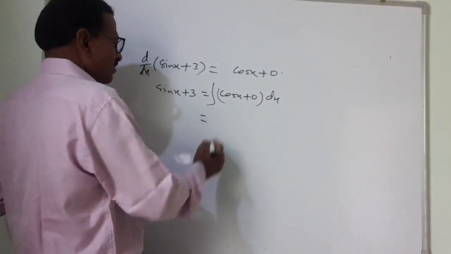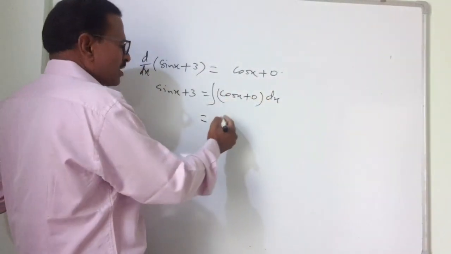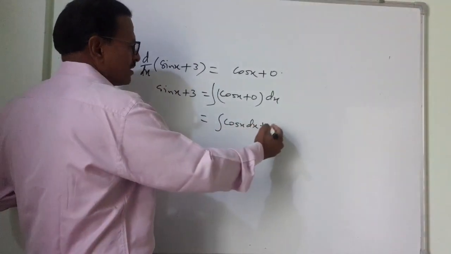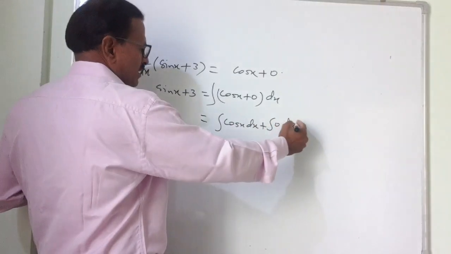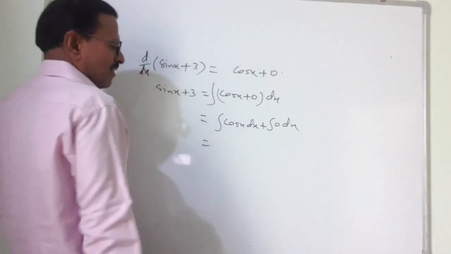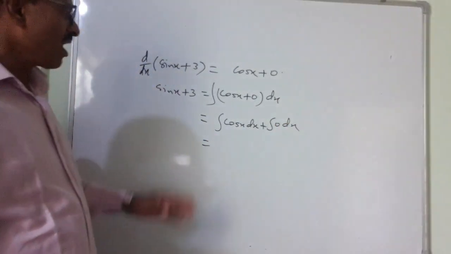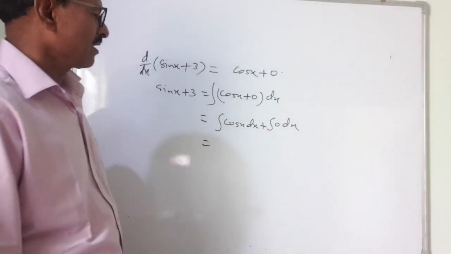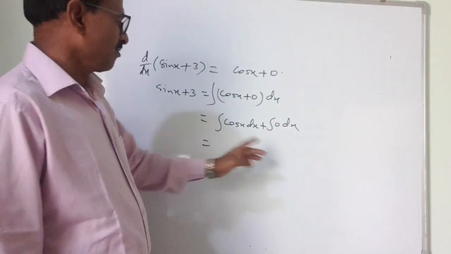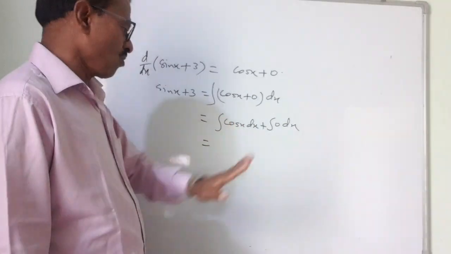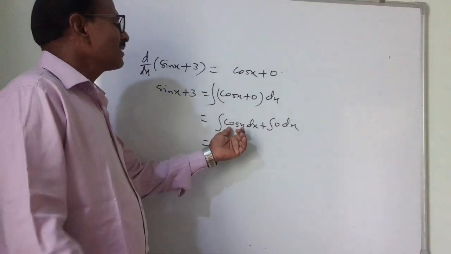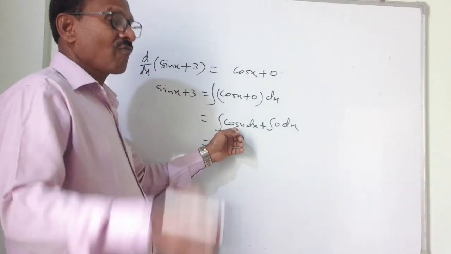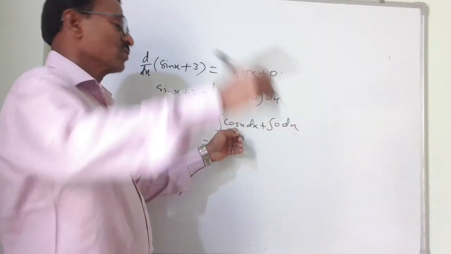That is equal to, now I will distribute this integration: integration of cos x dx plus integration of 0 dx. This 0 has come. What is the meaning of it? You know, of what is the derivative cos?